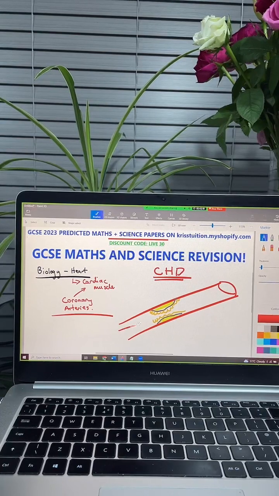So now if you imagine lots of blood trying to come through to the heart, it's not going to happen, right? Because of this plaque and fatty deposits that build up, the blood vessels, the coronary arteries, also become less flexible.